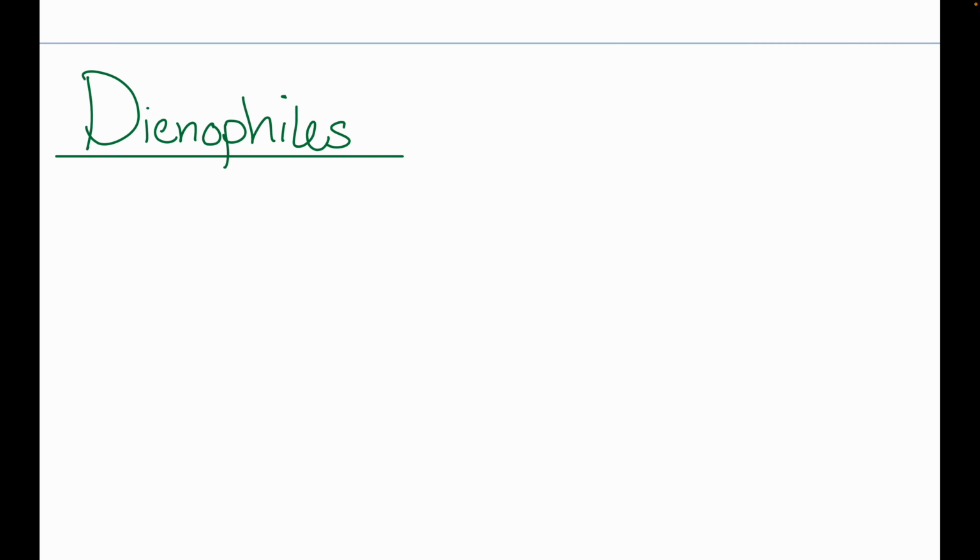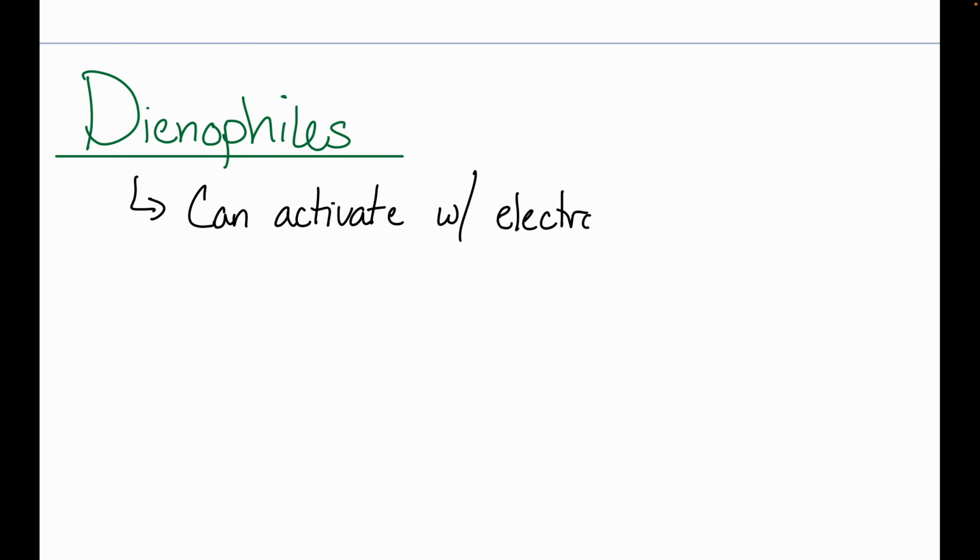Okay, first, we're going to talk about our dienophiles. If we want to make them even better dienophiles, we can activate them with what we call an electron withdrawing group.